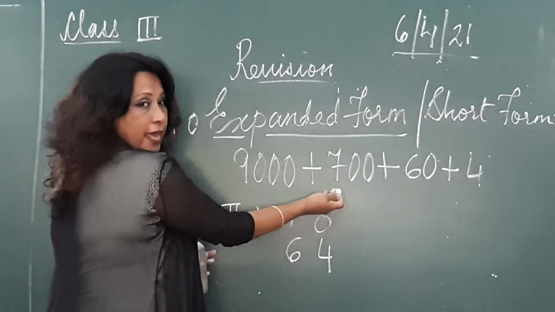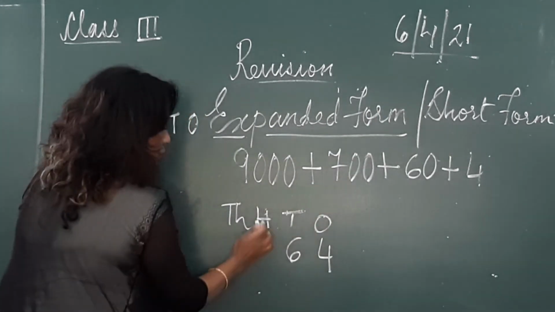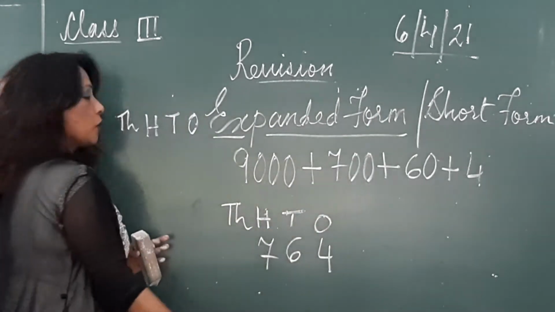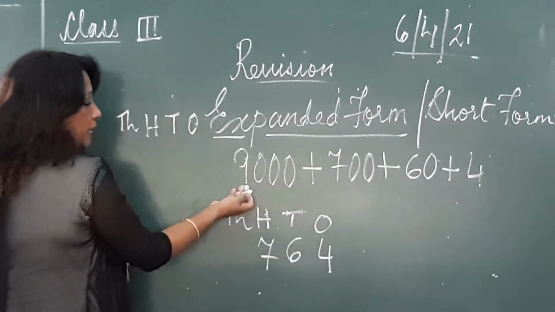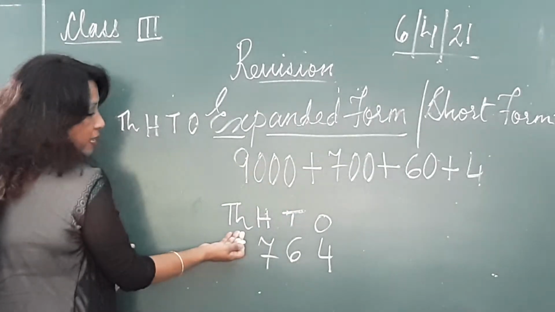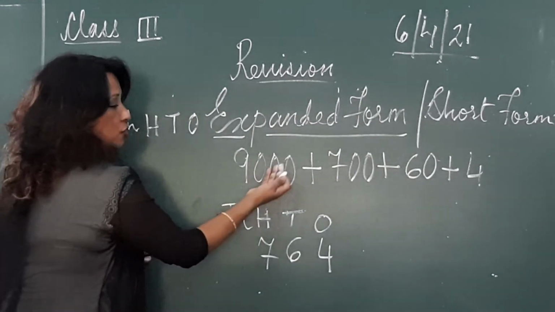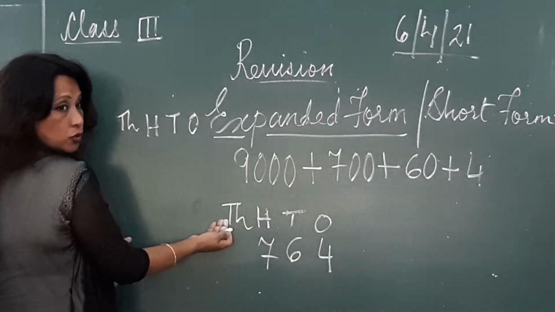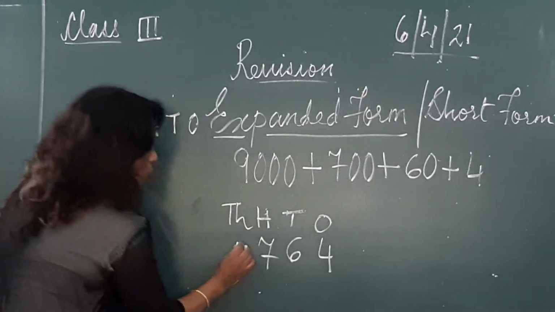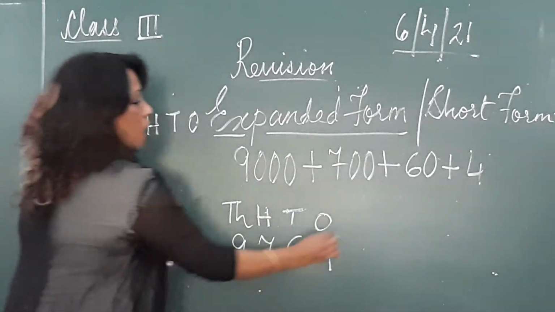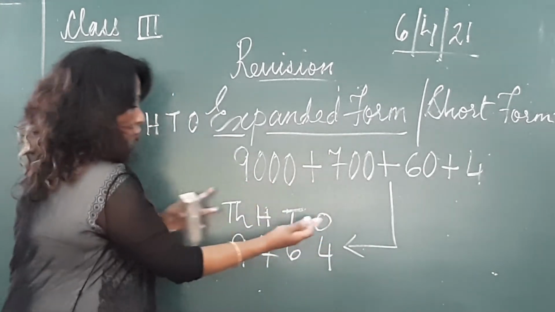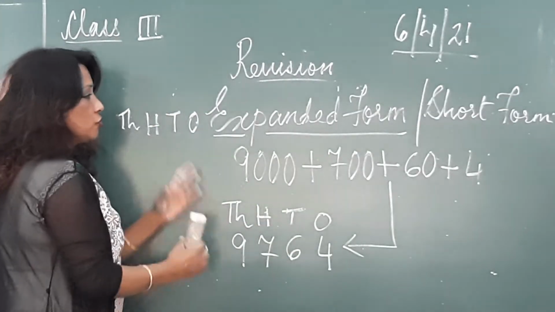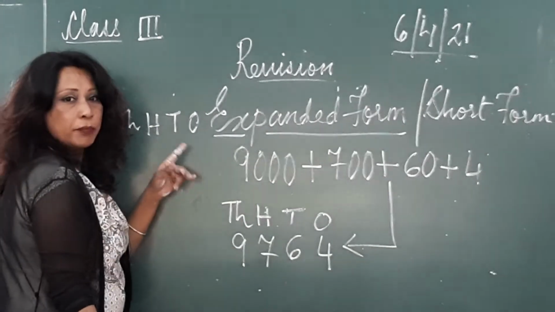How many hundreds are there? 700. So 7 will come under hundreds. After 700, what comes? 9,000. 9,000 comes under thousands. So you write this 9 under thousands. See how I change this expanded form into the short form. So this is how you do your expanded form and short form.